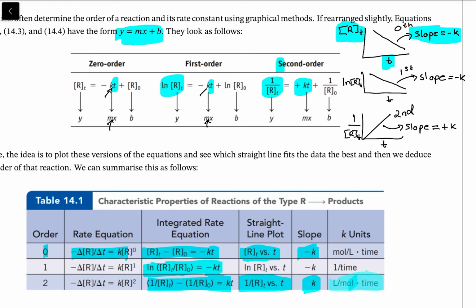And remember, you always need to remember what the k units will be, because you might get a question that says, here are three graphs, this one fits the best, hence what is the order of this reaction? So it's all about which plot the data fits best, and that tells you what order the reaction is.